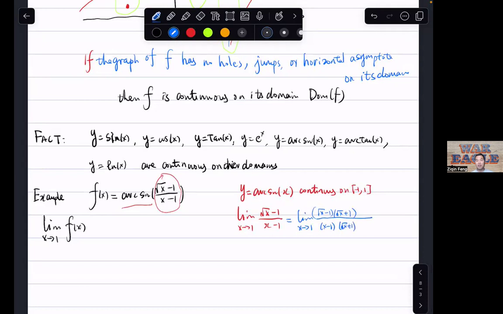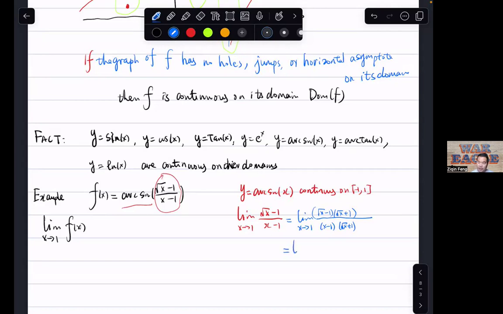Why do we do this? Because it's impossible to factor x minus 1 out of the numerator. They don't even have x minus 1, it has square root x minus 1. Because we want to cancel it, we have to somehow generate such a factor on the numerator. What we do is get rid of the square root. Conjugate helps.